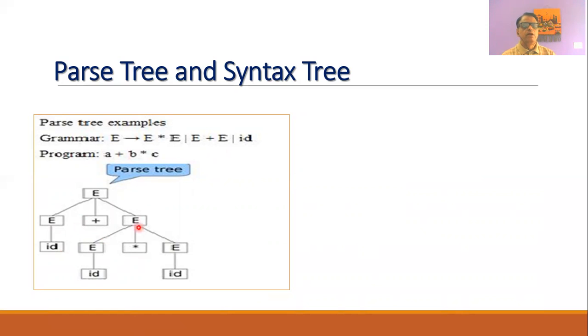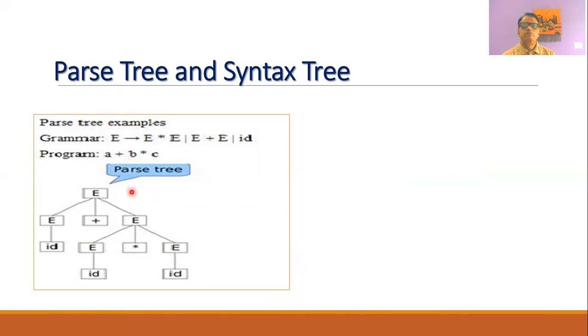Then E can be further derived as E star E, where one E can be derived by ID, and this E can also be derived by ID. So we can go to the input string, and such a tree structure construction is called a parse tree.